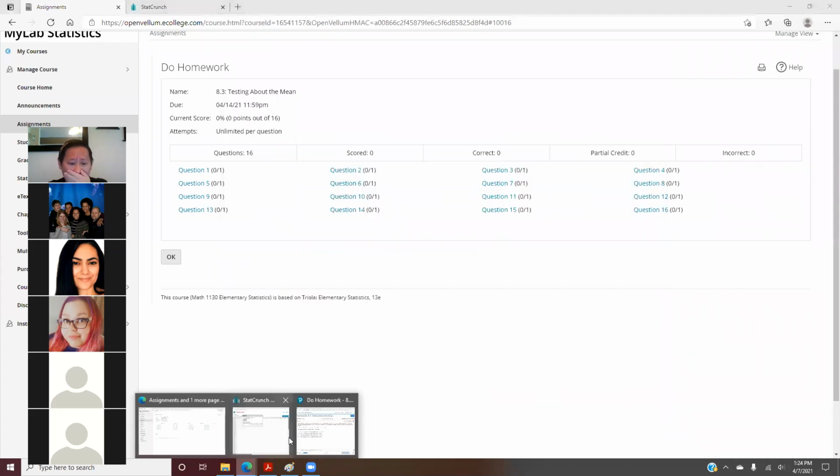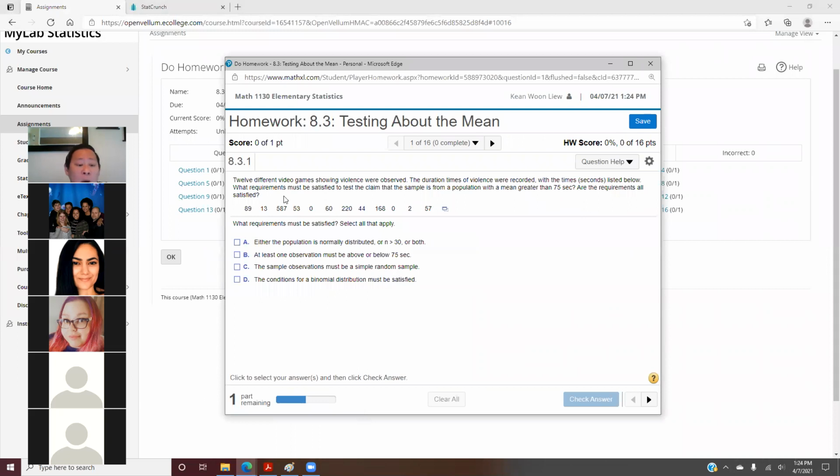Twelve different video game shows with violence were observed. These are the 12 video games here. The durations of violence were recorded in seconds. What requirements must be satisfied to test the claim that the population mean is greater than 75 seconds? Are they fulfilling the requirements? For this case, we are doing a mean. How many requirements do we need?